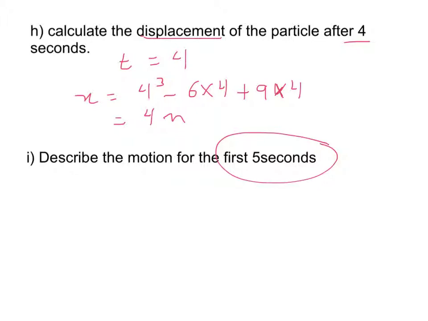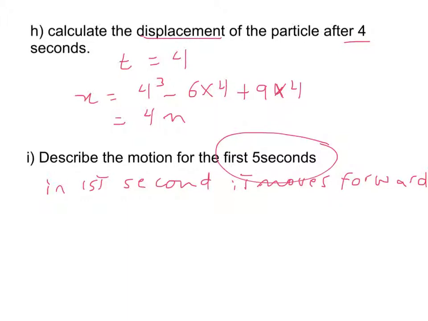So looking back at the graph, you notice that for the first second, the particle moves forward in a positive direction, and then it stops and comes back.